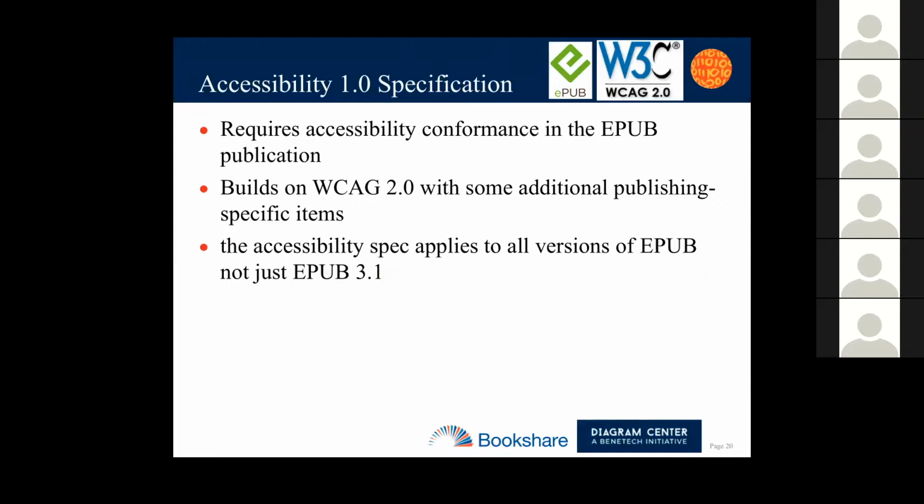We set the bar as low as we can, but every image must have alt text. And this 1.0 specification has the WCAG single A and also a few EPUB specific requirements like page navigation.